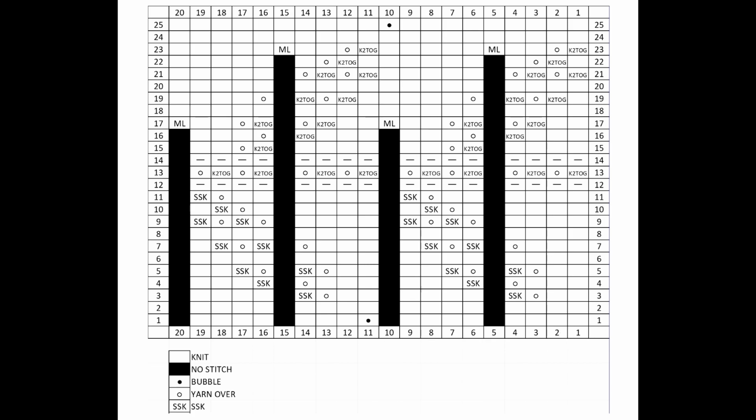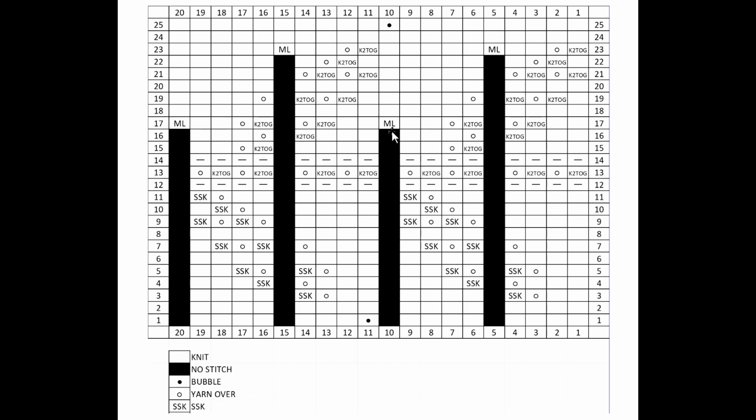That's about it. So from row number 1 until row 16, you have a multiple of 16 stitch count. However, on row number 17, I am going to increase 2 stitches here and here.